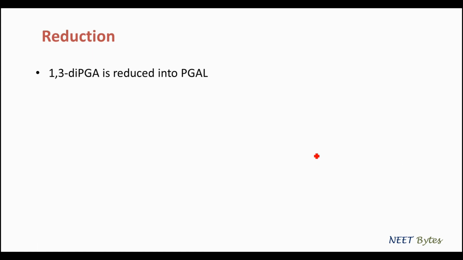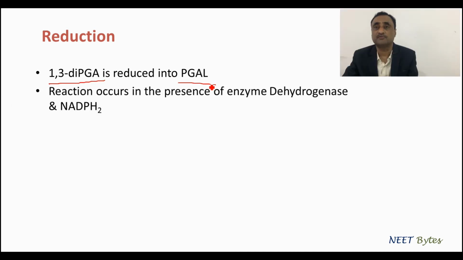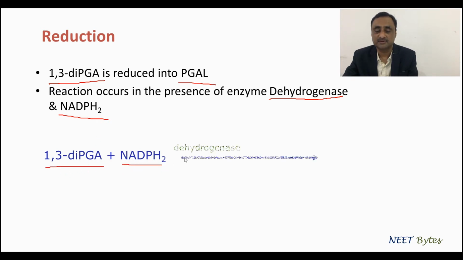If an acid is getting converted into an aldehyde, it is reduction, right? So here 1,3-di-PGA is reduced to PGAL, and the second assimilatory power in the form of NADPH2 is utilized, right? In the presence of the enzyme dehydrogenase, 1,3-di-PGA plus NADPH2 forms phosphoglyceraldehyde.